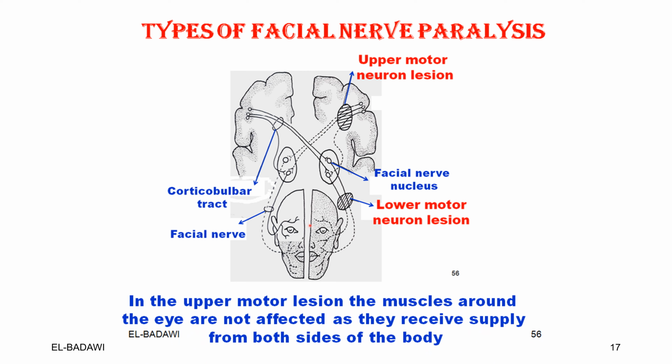So in the upper motor neuron lesion, the muscles around the eye are not affected as they receive supply from both sides of the brain to the face. That's all what we have about the facial nerve itself, the normal pathway and normal course and distribution and the effect of injury of such nerve.